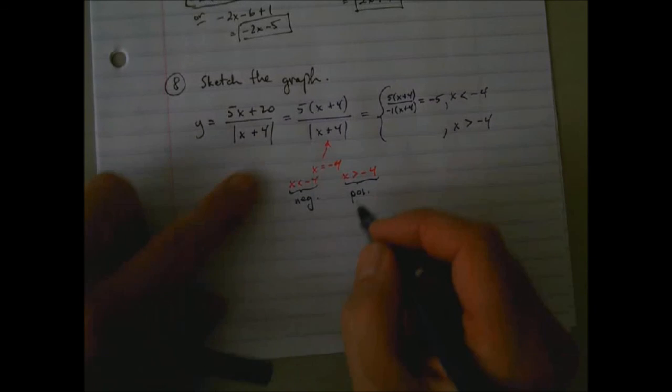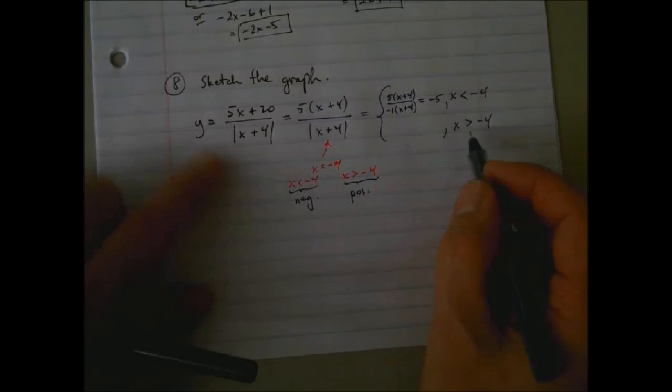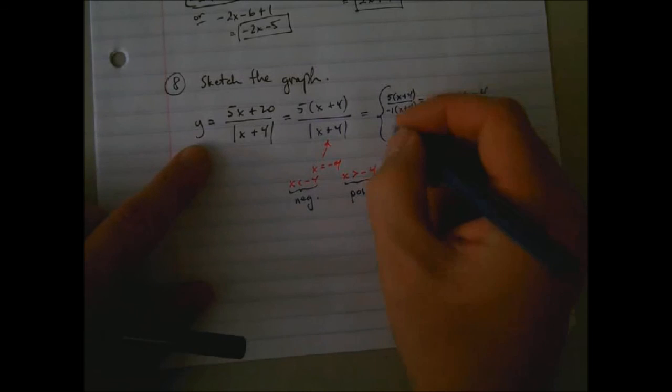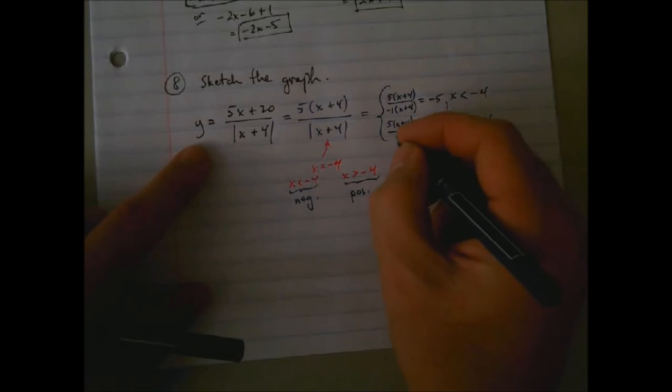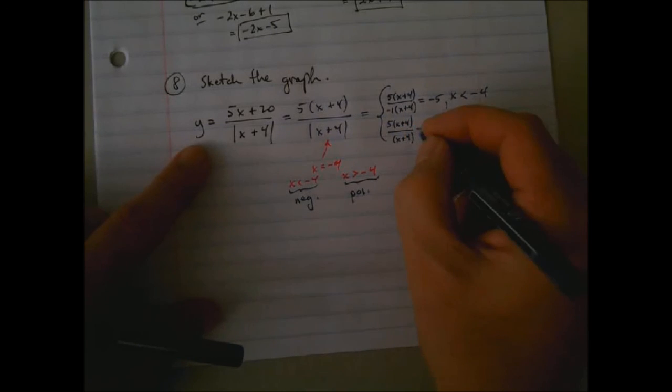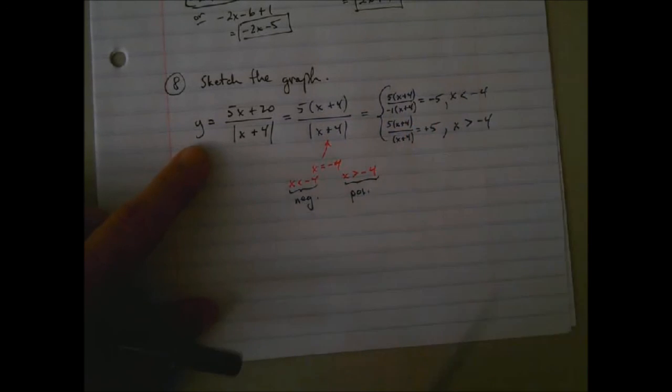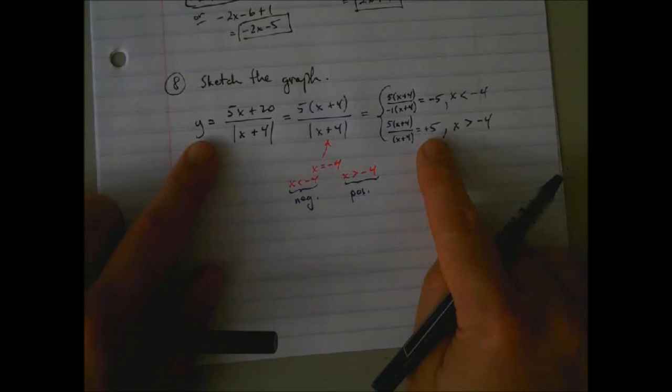For the x greater than -4, we follow the positive rule. So I have 5 times x plus 4 all over, and it comes out of the absolute value. So I've got x plus 4 over x plus 4, and that reduces to +5. So y equals +5. Another horizontal line.